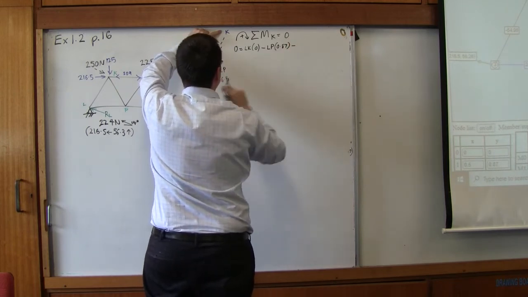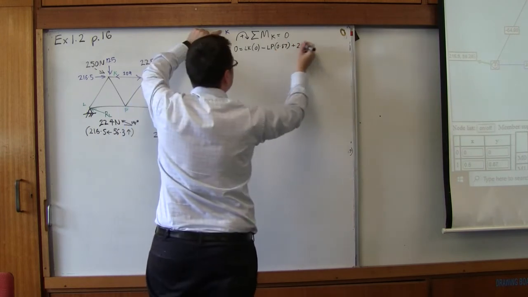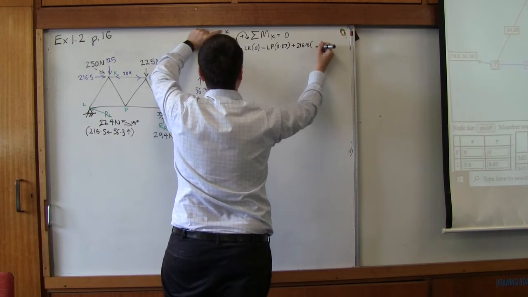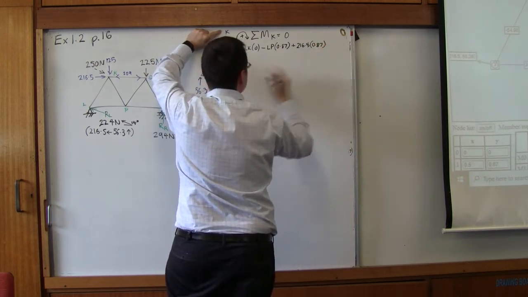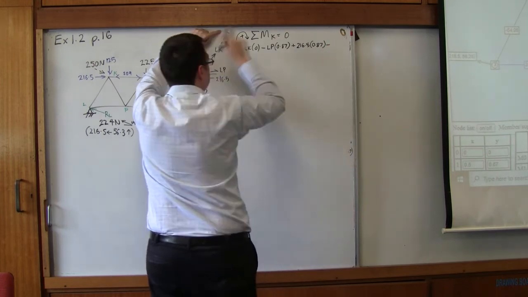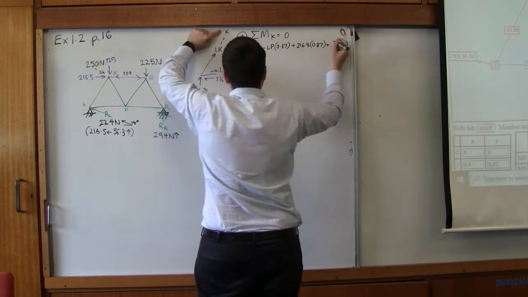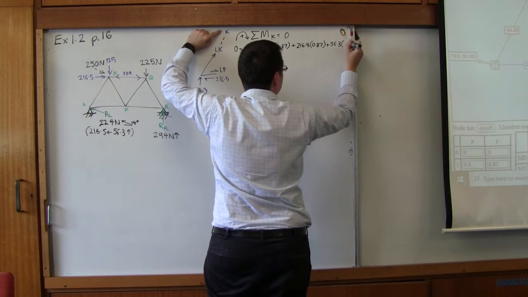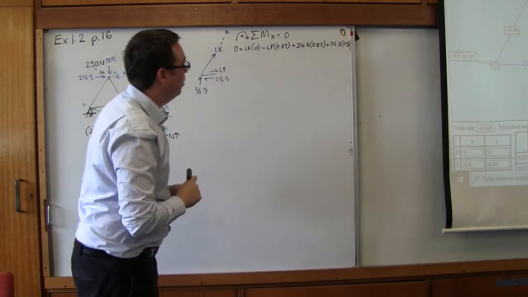We then have 216. 216 is going clockwise, and it is also 0.87 triangles away. Then I have 53, which is also going clockwise, right? 56.3, and it is half a triangle away. Okay, we got it all on one line, which is pretty rare.